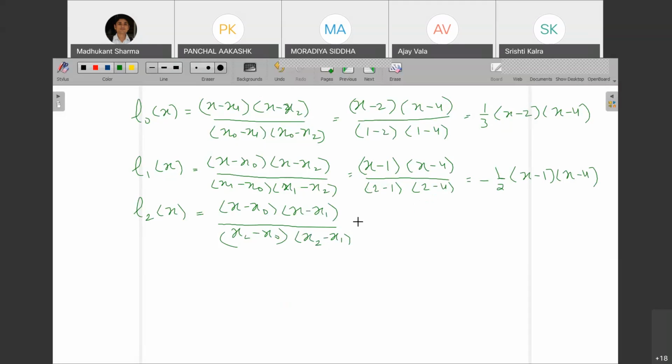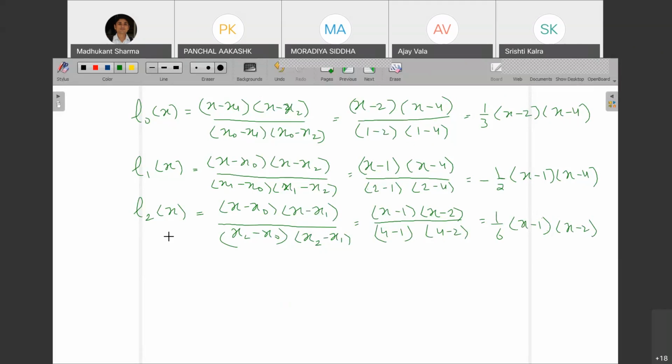If you fit all the values, you have x minus 1 into x minus 2, divided by 4 minus 1 into 4 minus 2, so 3 into 2 is 6. So that is 1 by 6 times x minus 1 into x minus 2. So we have collected all the possible cardinal functions here.